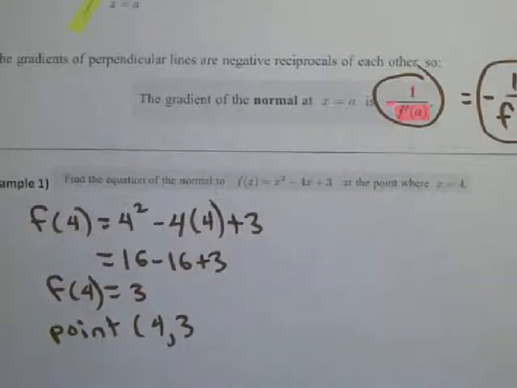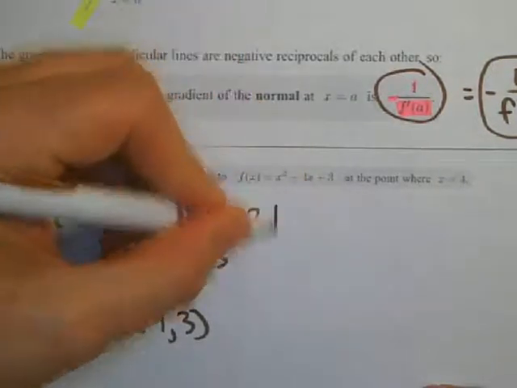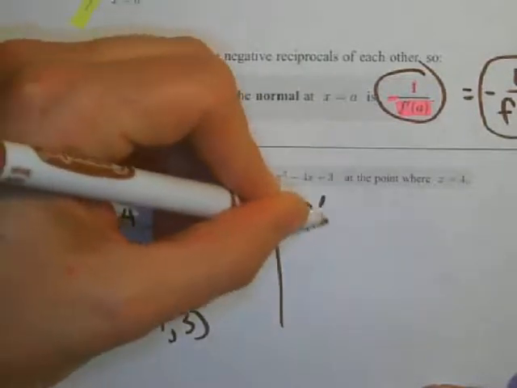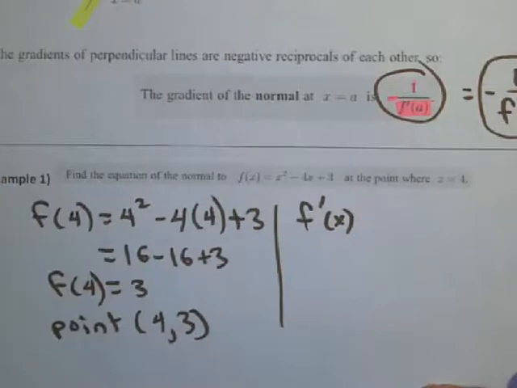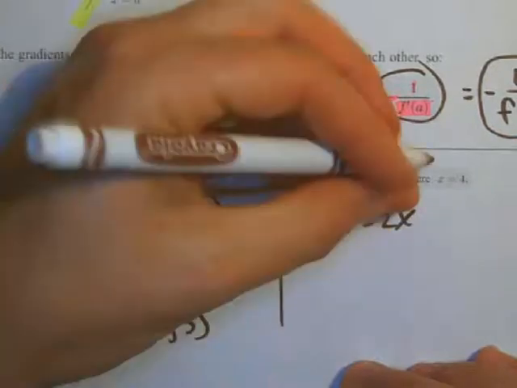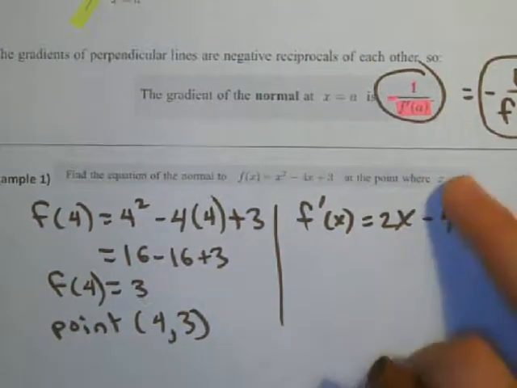Now I want to find the slope. The slope is going to be equal to, let's take the derivative. We get 2x minus 4 as my derivative function. We're going to plug in 4 for x.